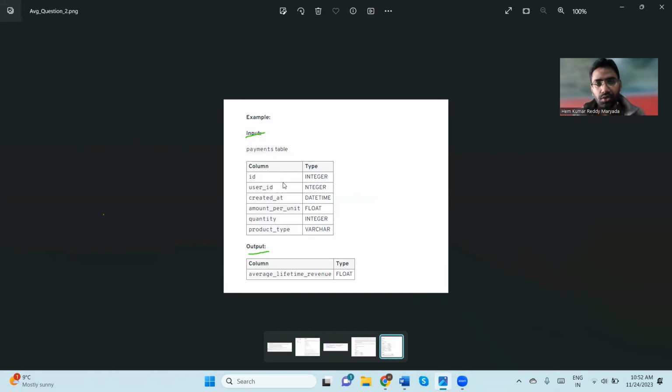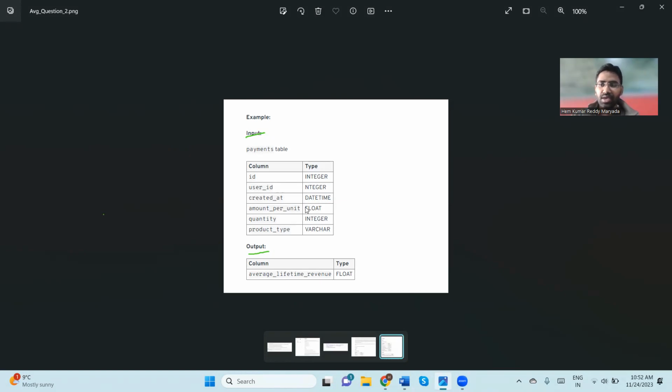If you look into this, the first one is ID. This is the payment ID, in the payments table. Then user ID: every user will have some ID. Created at means date and time, for example 24th November at 10:52. Amount per unit: what is the amount for each unit?